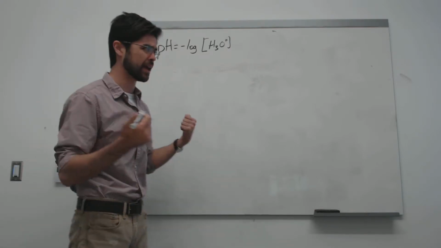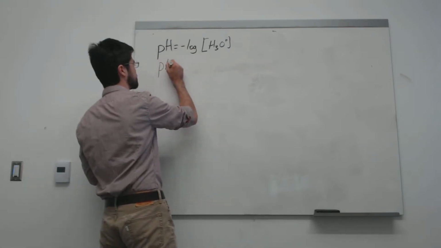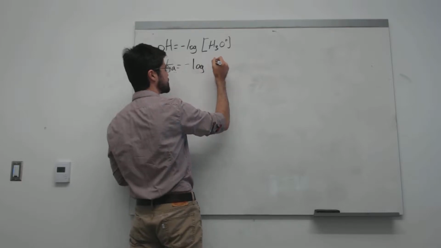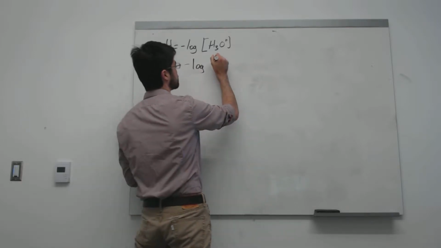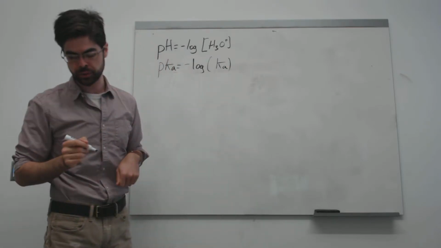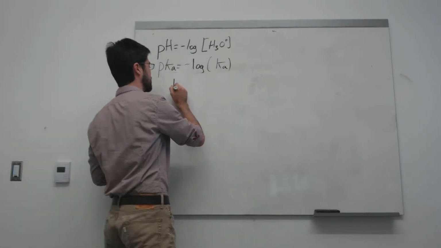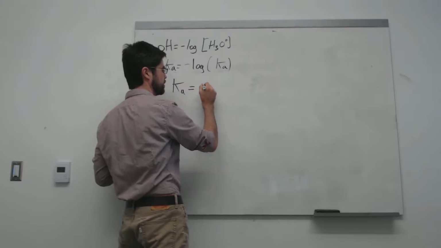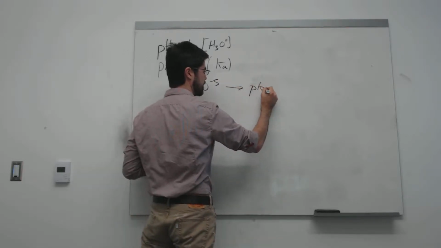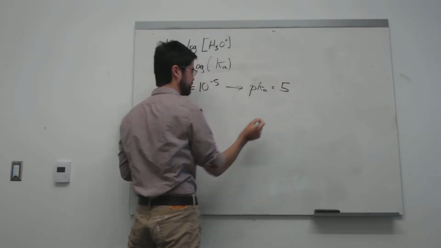Same thing for pKa. pKa is defined the exact same way because the equilibrium constants for acid dissociation and base dissociation can vary by many orders of magnitude. So if, for instance, you have a Ka of around 10 to the negative 5, your pKa should be equal to 5.